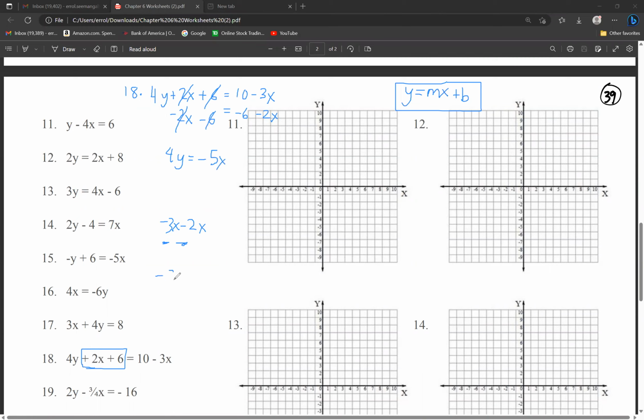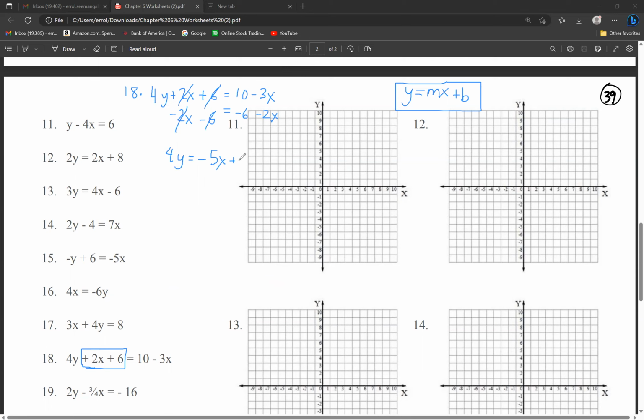Remember, negative 3 minus 2 is the same thing as negative 3 plus negative 2, which is negative 5. And then on this one, what's 10 minus 6? 4. All right, so negative 5x plus 4.